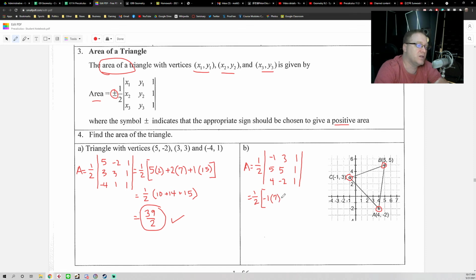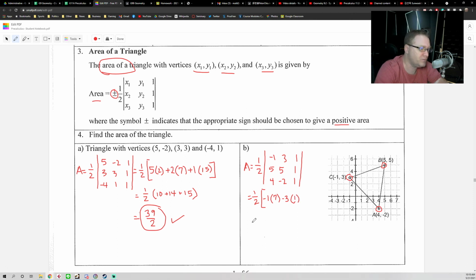All right, and then we're going to minus 3 times, if we cross out the row that 3 is in and the column that 3 is in, we have 5, 1, 4, 1, which is 5 times 1 is 5 minus 4 times 1 is 4. So 5 minus 4 is 1.